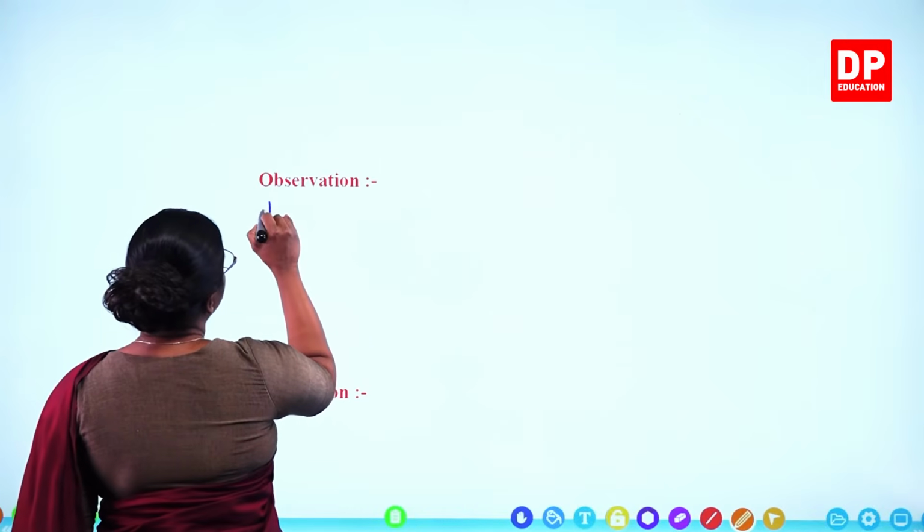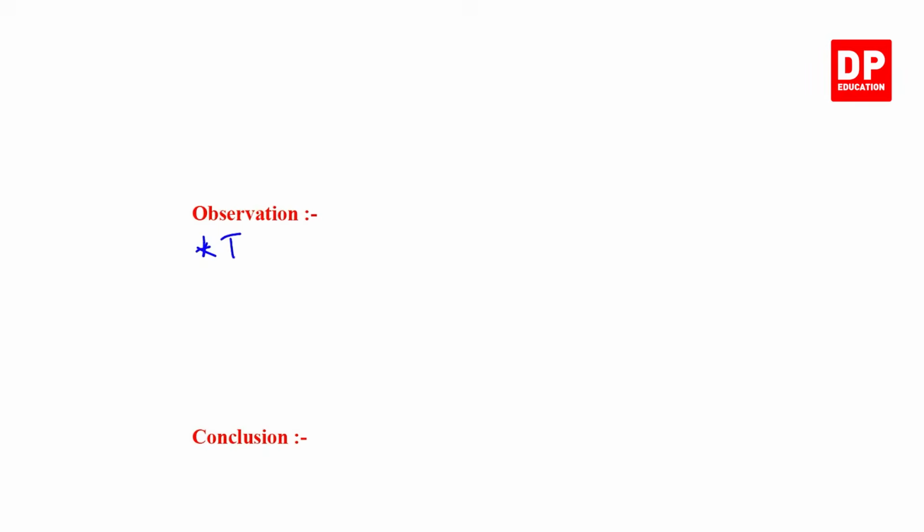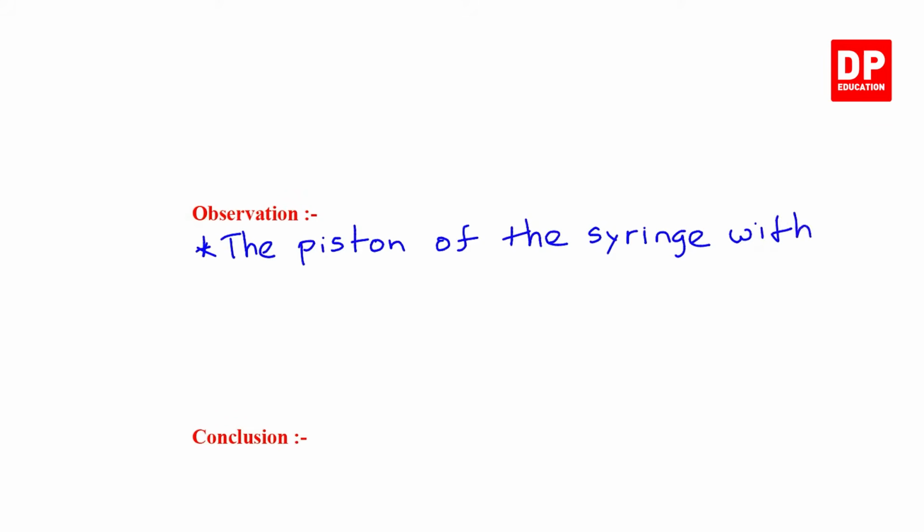So here we can say the piston of the syringe with water cannot be pushed forward.